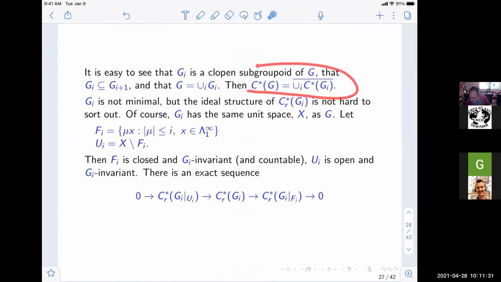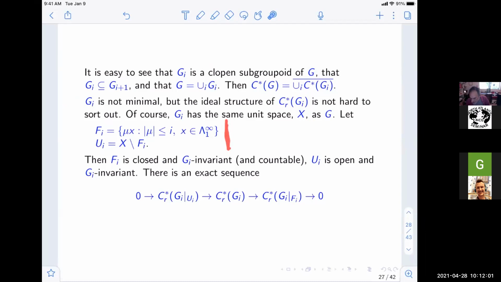So let me just point that out here. If we look at the C-star algebras of the G sub I, those form an inductive system for C star of G. Now the G sub I is not minimal, so we have some hope of understanding it. The unit space of the whole thing we can decompose in the units in G sub I in this way.